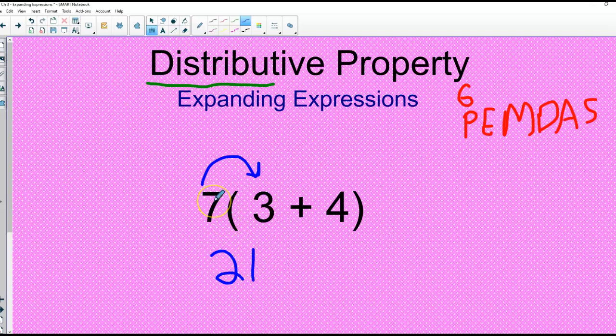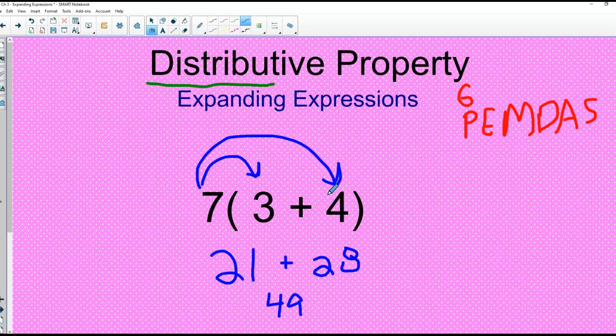And then I take this same 7 and I multiply it by the next number. And 7 times 4 is 28. So if we add them together, we still get the 49 that we got the first time. We are distributing, or handing this out, to everything inside the parentheses. It's another way to get the same answer.